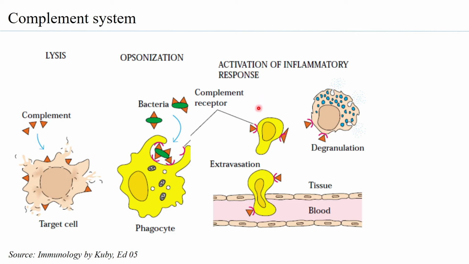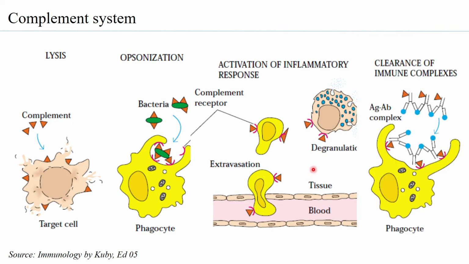When leukocytes enter the tissue space through extravasation, the complement can bind to these leukocytes and also to mast cells or basophils, and degranulate them to release the primary and secondary mediators that can lead to inflammation.